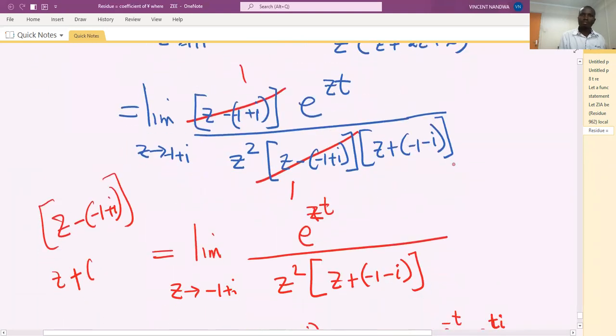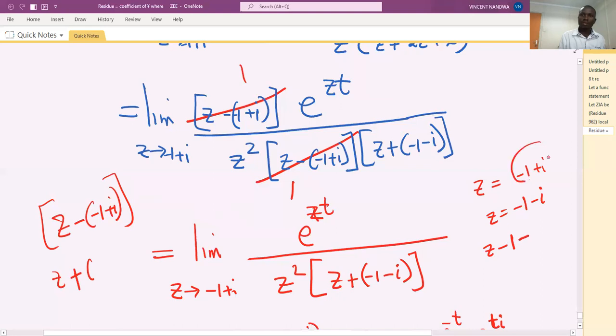Okay, yes, if z equals minus 1 plus i, and z equals minus 1 minus i, then you'll have z minus 1.